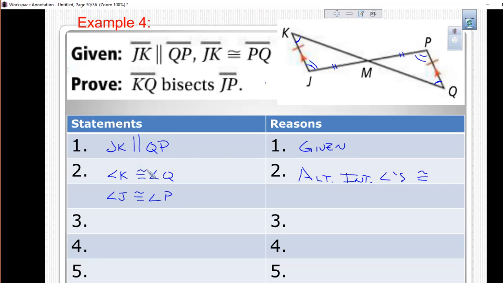So we put this in one statement, therefore we don't have to put down two different statements and write the alternate interior angles twice. So we have an angle measure, we have an angle measure, and we need to find some side length that we know. And that's one of our given statements. So JK is congruent to PQ.